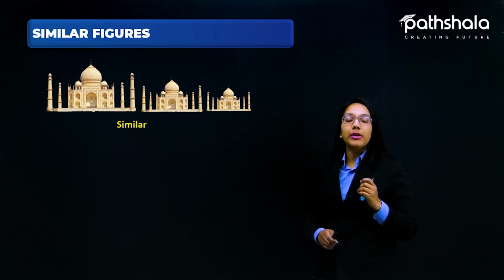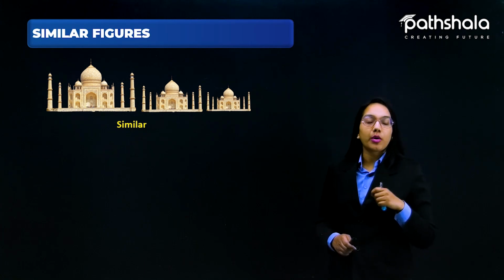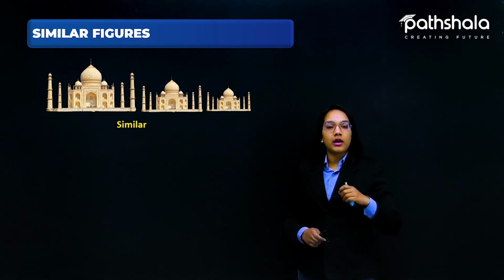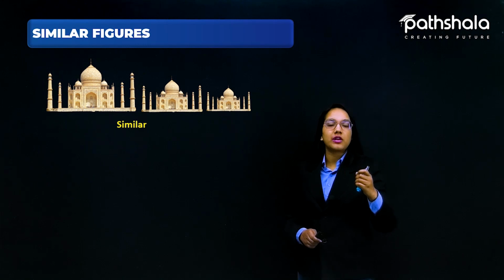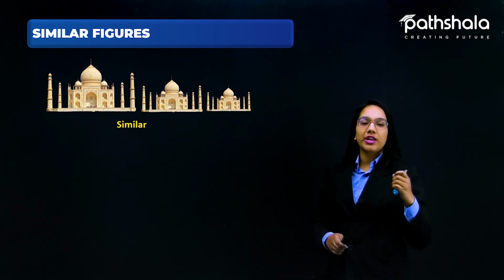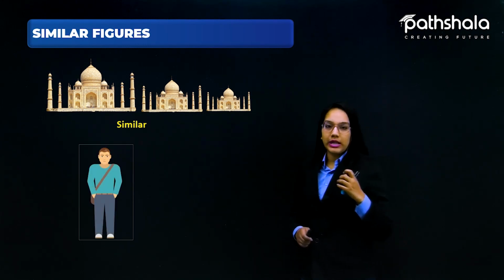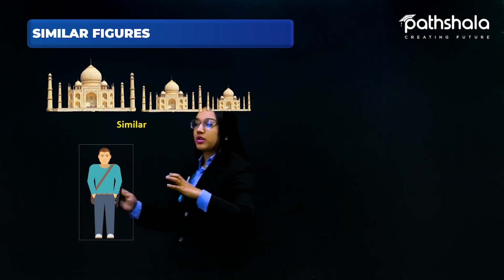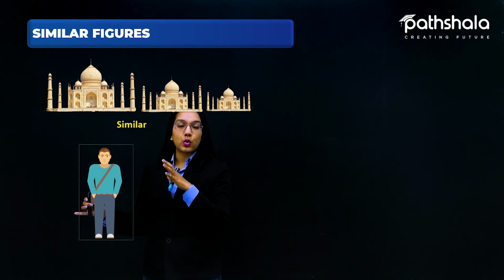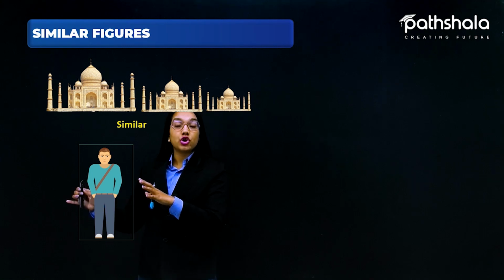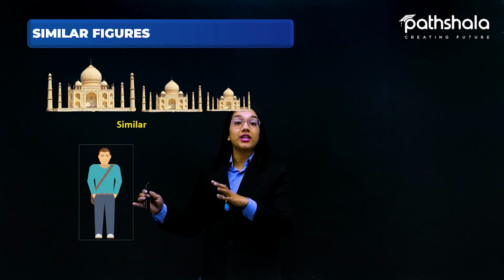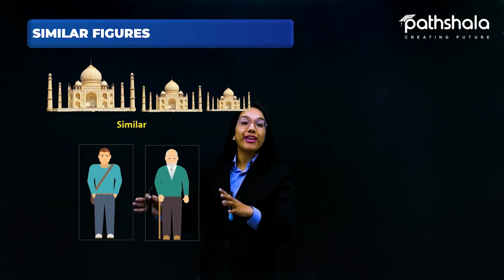So after just looking at the photographs of Taj Mahal, I can say that they are similar to each other. But let us suppose I am talking about a particular person and I'm taking a photograph of a person when he was 20 years old, and now I'm taking the picture of the same person who is now 45 years old.